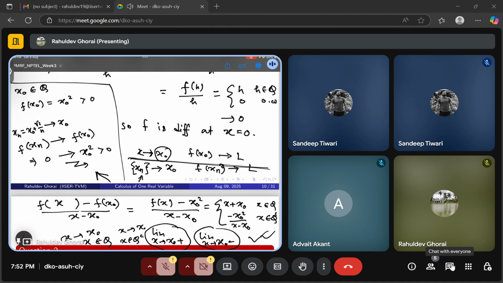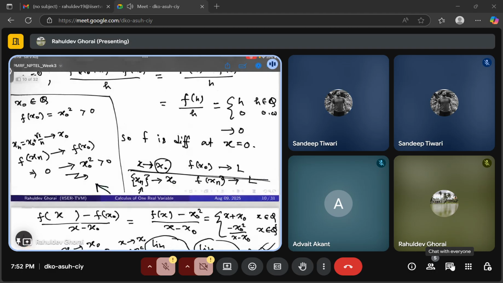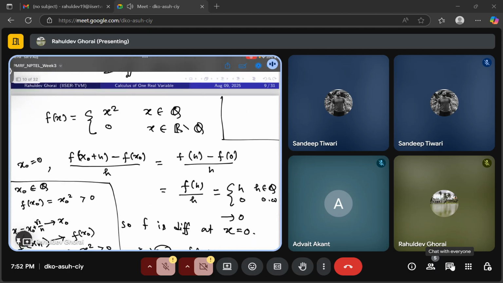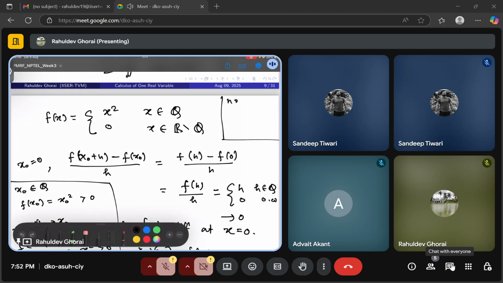If you use the sequential criterion, you can construct a sequence of rational numbers which converges to an irrational number. There is a construction in many textbooks, which is a little hard. I'll write it here: the greatest integer function of n times x naught, over n, will converge to x naught, where x naught belongs to Q complement.